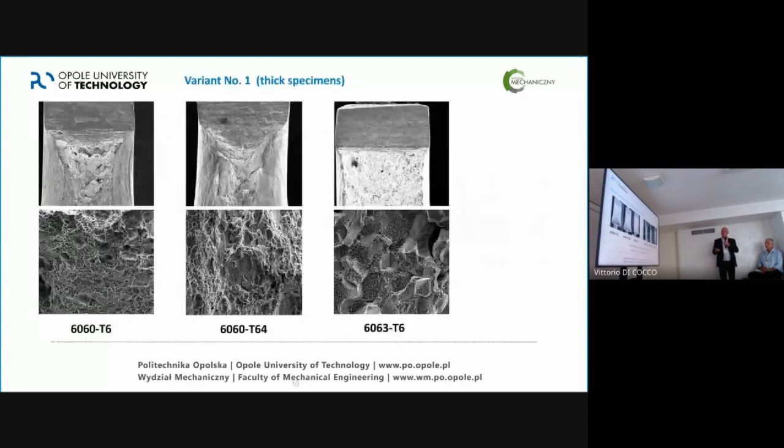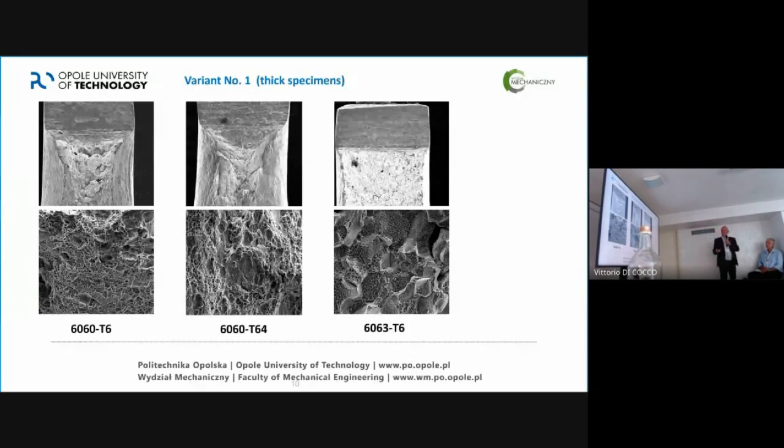And here we may see variant number 1, the thick specimen, that we see for aluminium 6063, the photos compared to the others.